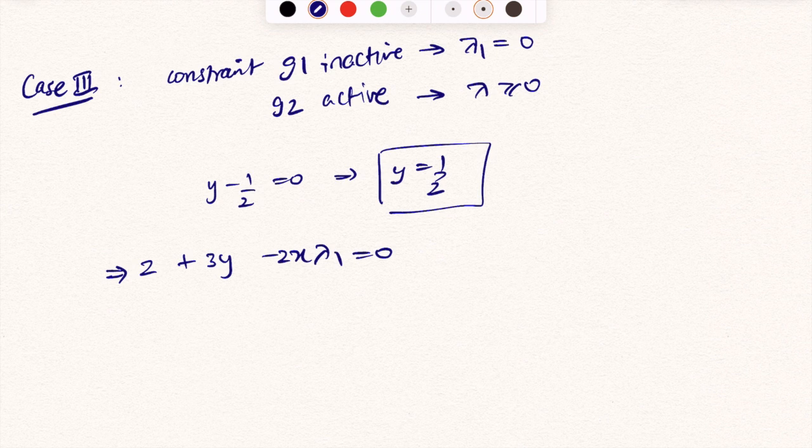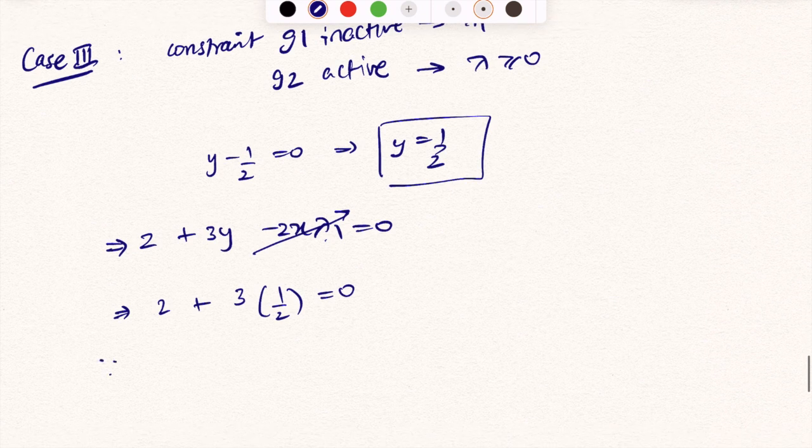In this example, I know that I found a value for y, I know that lambda 1 is 0, so this term gets cancelled out, and I have 2 plus 3 times 1/2 is equal to 0. Now obviously this equation doesn't make any sense, this is not possible, and so this is false, so no solutions from this case are valid, which means that we found no valid candidate points from this case.